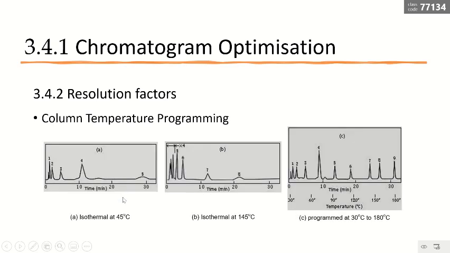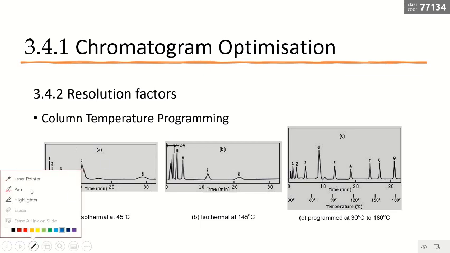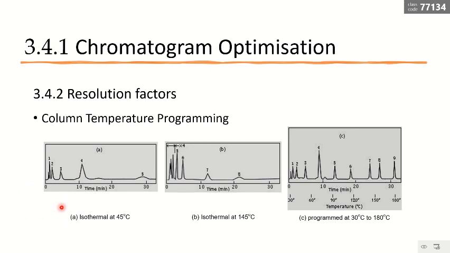For example, the first graph here. I'll use the laser pointer to be clearer. If we use isothermal programming, basically we don't change the temperature, just use 45 degrees. We analyze one sample and see peaks 1, 2, 3, 4, 5, almost at 28, 29 minutes. And the final one is very hump-like.